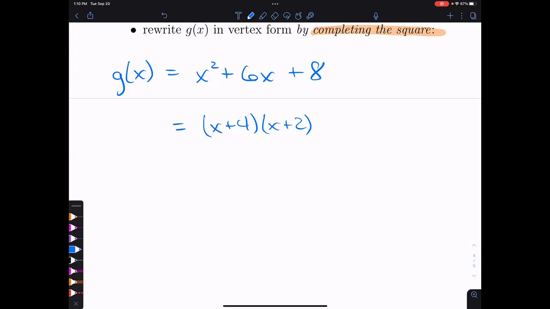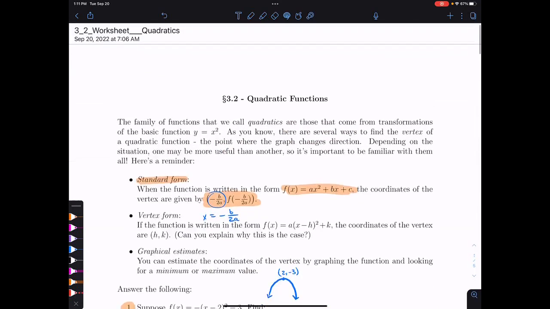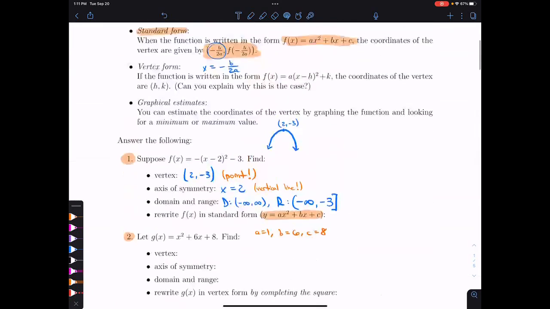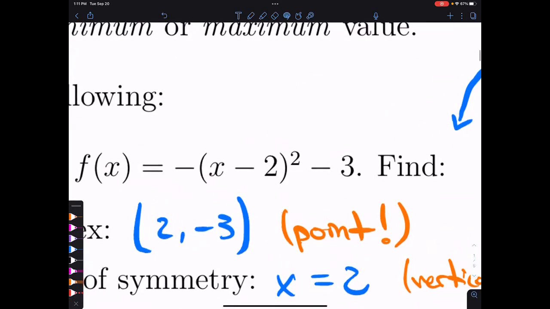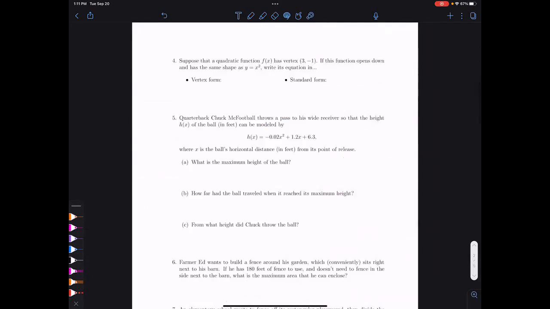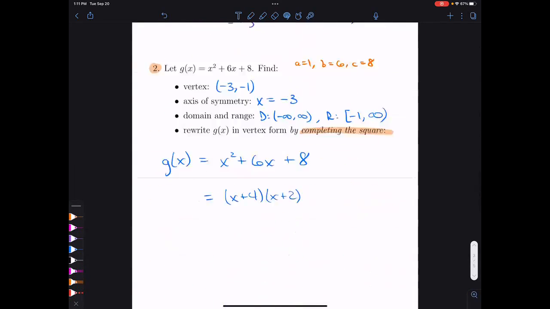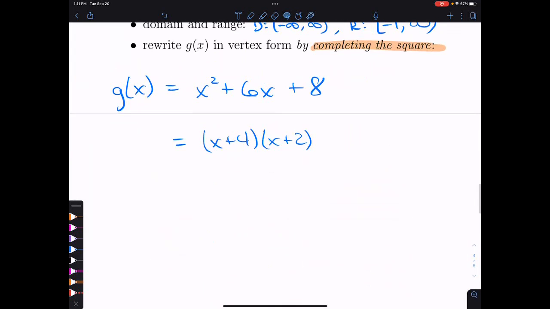So that is factored correctly, but we haven't done what we were trying to do, which is to rewrite it in this vertex-like shape, like this one, by completing the square. Sounds like a good idea. Good thing to try and good thing to have in mind for sure, because we're going to have to do some factoring pretty soon.